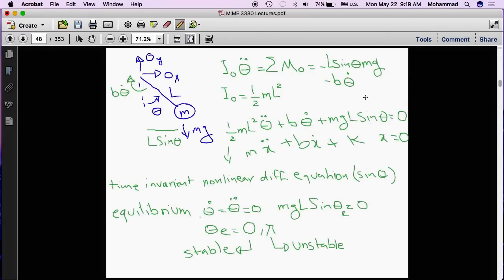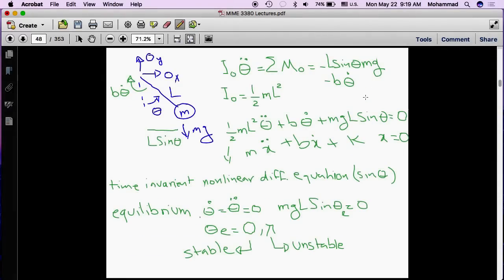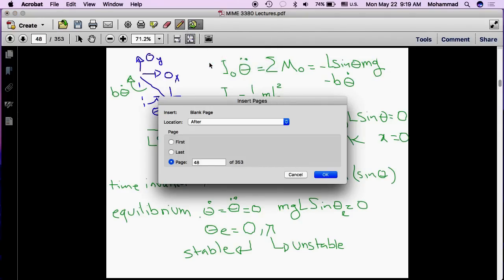So what we could do, let me add another page. What was our equation? Our equation was 1/2 ml squared theta double dot plus b theta dot. What was the last portion of the equation?